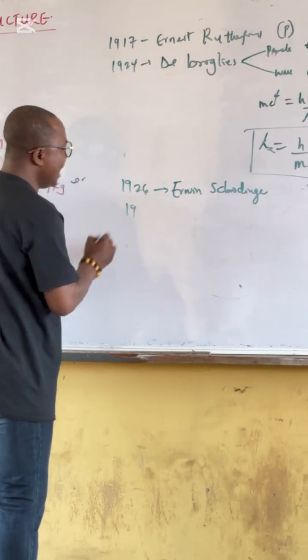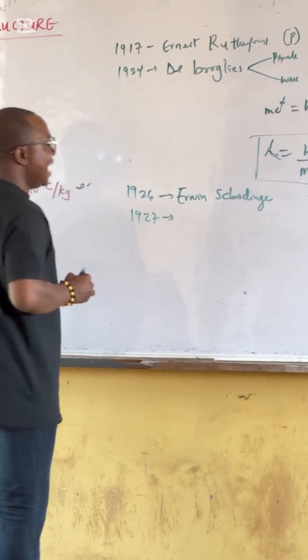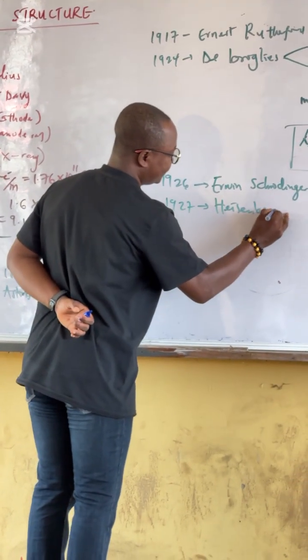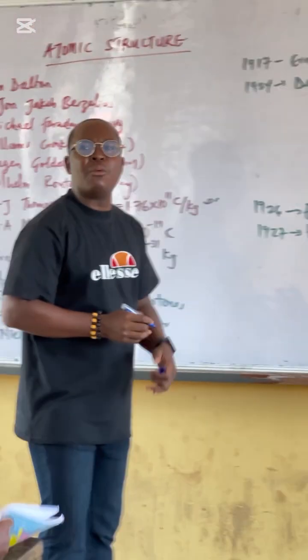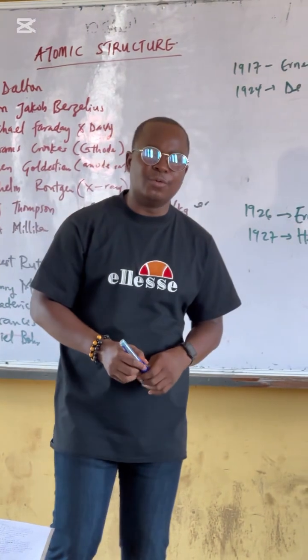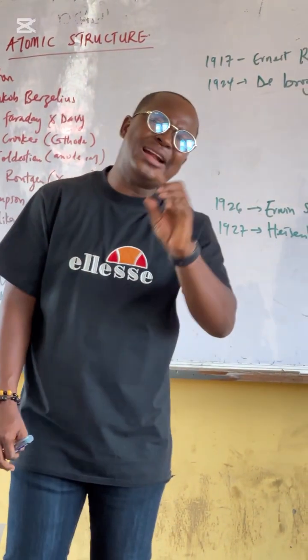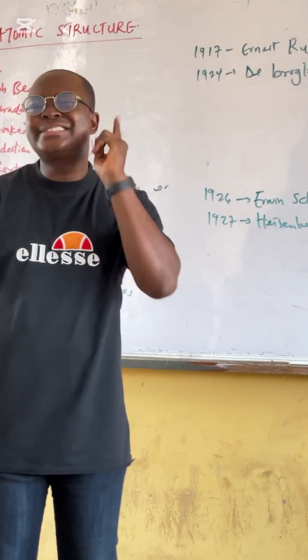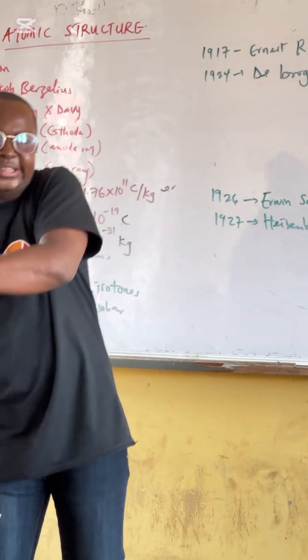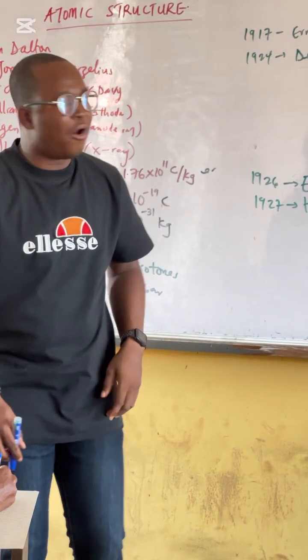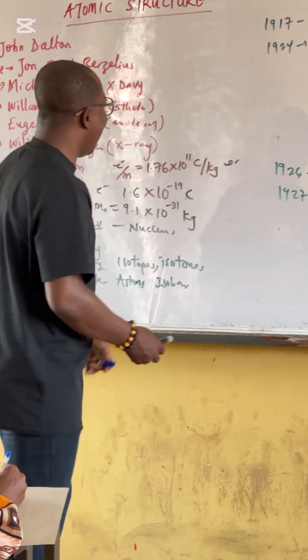In the year 1927, a scientist known as Heisenberg gave what we call the uncertainty principle, which states that it is impossible to determine the momentum and position of an electron simultaneously and accurately.